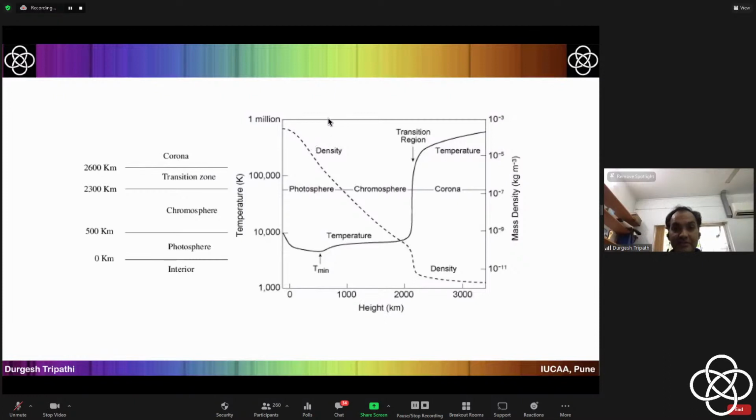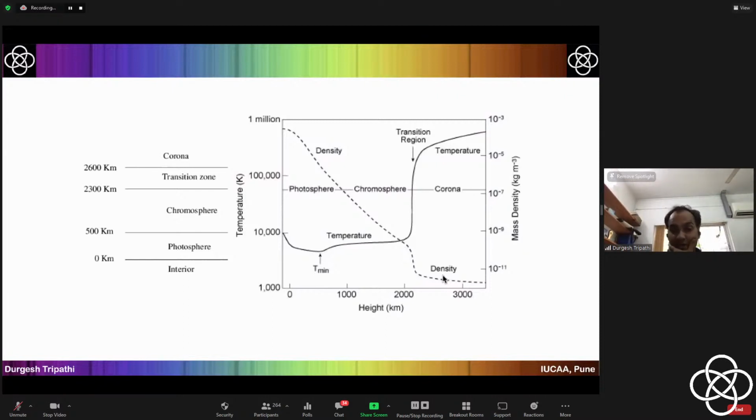All I was trying to say is that when you go into the corona, or above the chromosphere, the temperature changes from about 10,000 degrees to around 1,000,000 degrees. Similar thing happens with the density, but density doesn't start increasing. As you see, the density starts decreasing and keeps decreasing, and that's what you should expect.